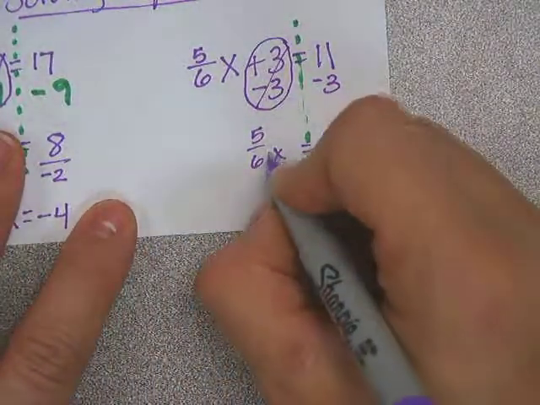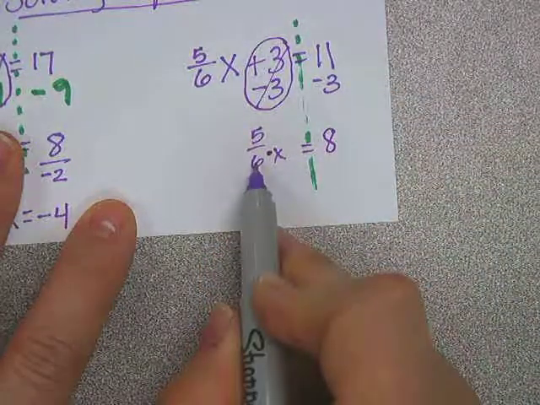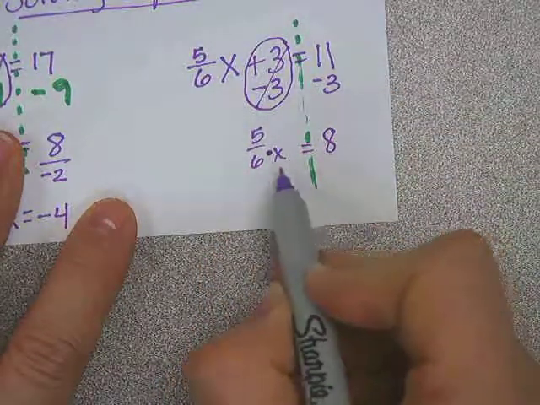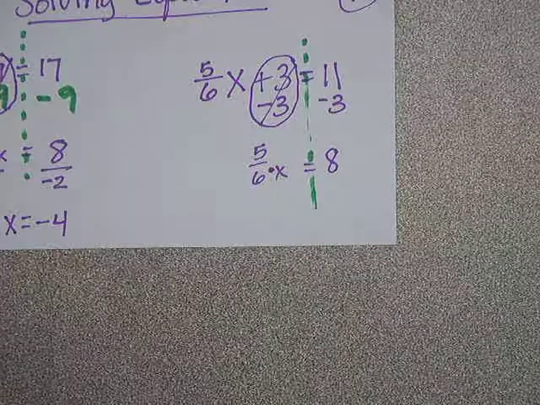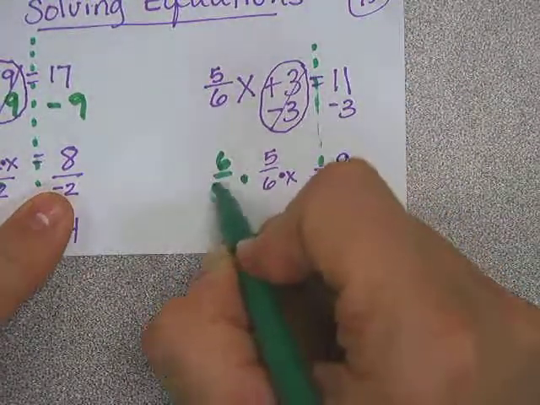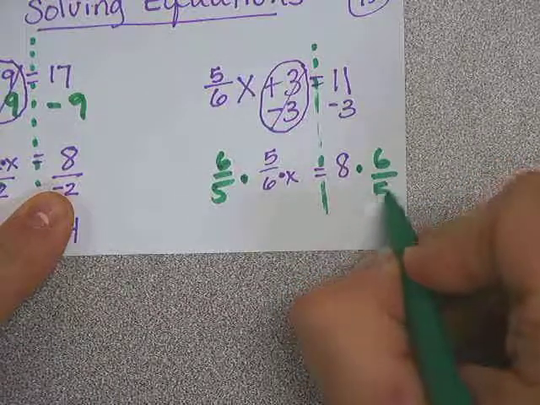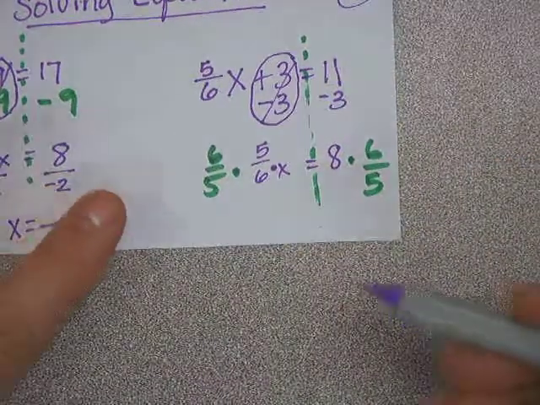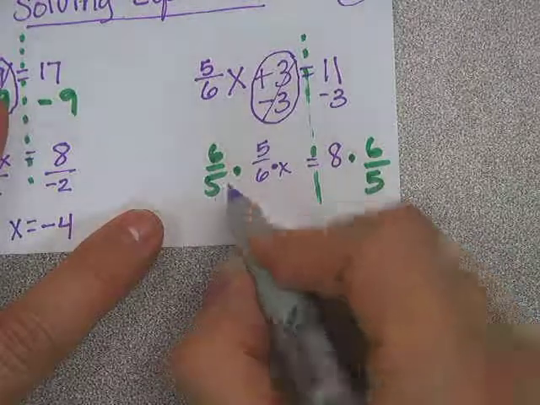And the reason I wanted to review this is because to get rid of multiplying by 5/6, we would say divide by 5/6. But if you remember, dividing by fractions is the same as multiplying by the reciprocal. So we're going to multiply by the reciprocal of 5/6, which is 6/5.